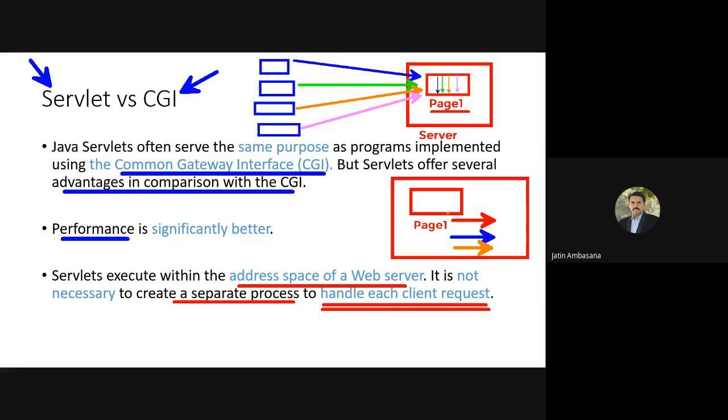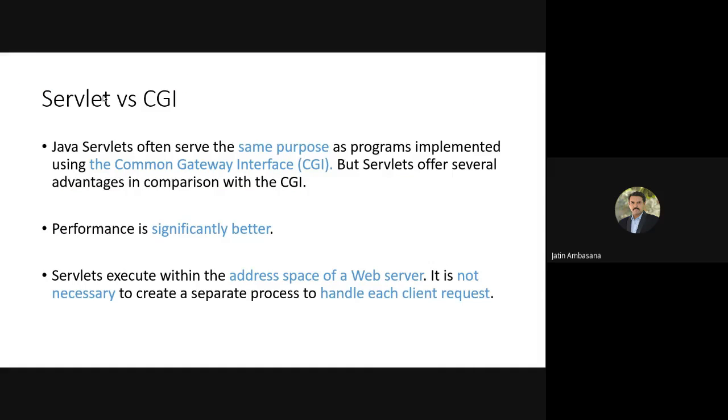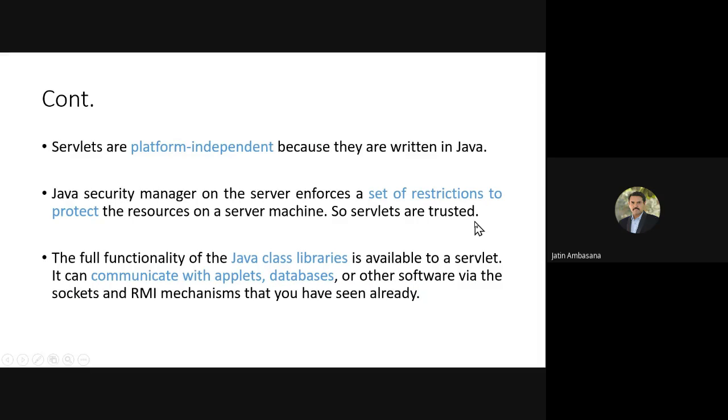In that way, processes will take a lot of time, whereas this threads thing does not take a lot of time. So because of that, the performance gets better. So for each client request, the CGI creates a new process, whereas for each client request, servlet creates a new thread only.